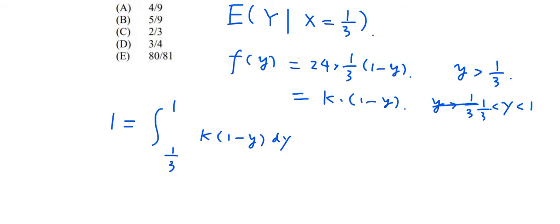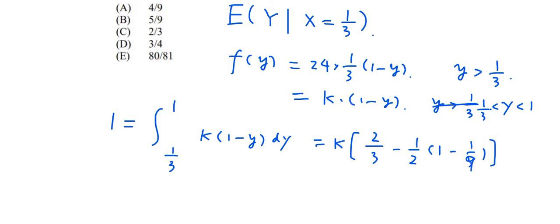So we need to find this k. Let's say we put the k outside. So this integration is 1 from 2/3, right? 1 minus 1/3, so minus y, integrating half of this square, 1 square minus 1/3 square, so 1/9.